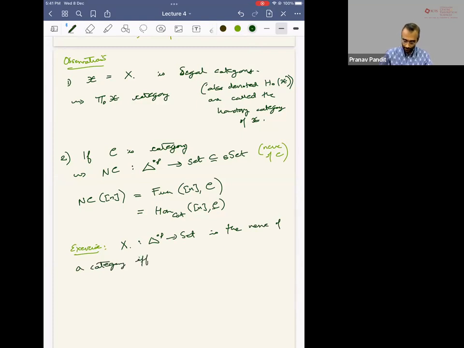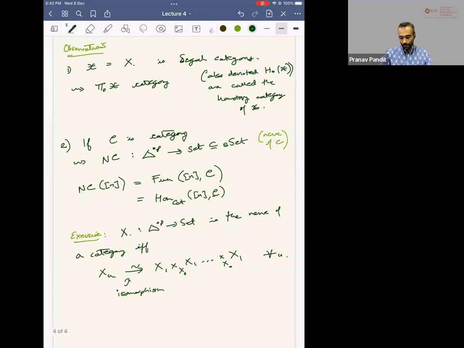So if and only if X_n is isomorphic to the fiber product of copies of X_1 over X_0. Now these are sets, so you want this to be an isomorphism of sets, which is the same thing as a weak homotopy equivalence of sets. And they're discrete, there are no higher homotopy groups, so it's really the same thing, for all n.